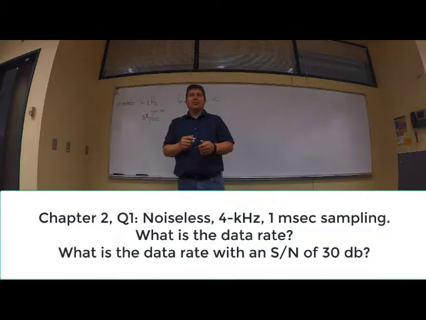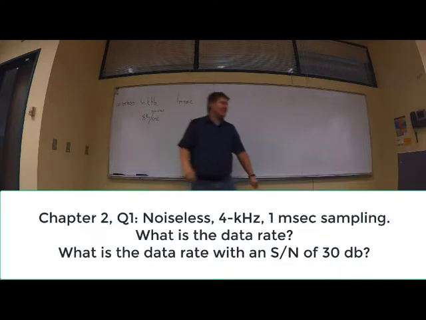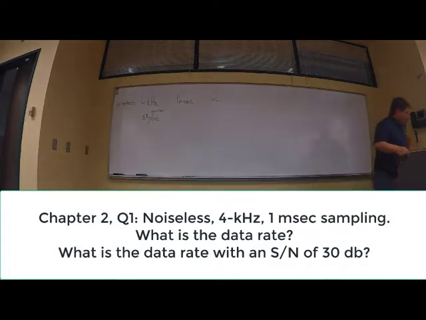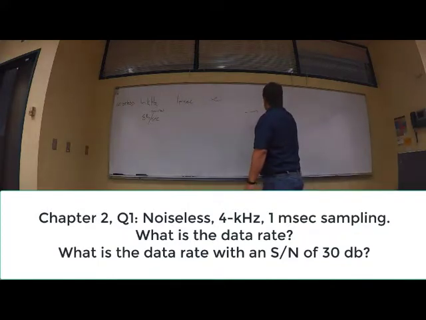Now, if we put a signal to noise ratio in here, what if I said this? If I did the exact same question, say a noiseless 4 kilohertz channel is sampled every 1 millisecond, what's the maximum data rate with sampling of level 2? Remember we talked about our signals.